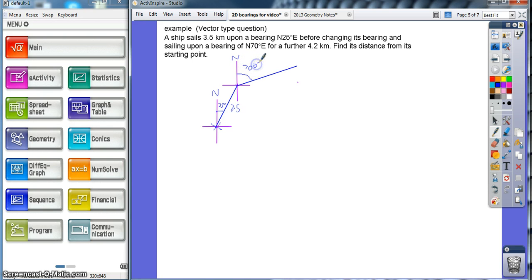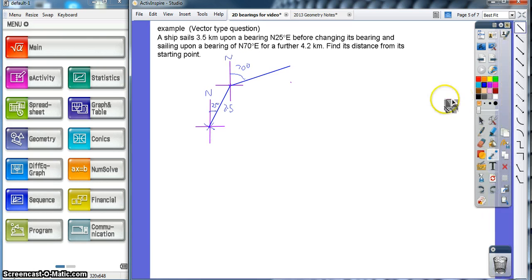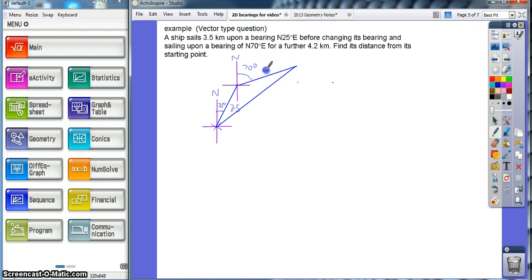And it says find the distance from its starting point, so we actually want to find out what this distance is there. That's where we also know he's travelled 4.2 kilometres. That's 4.2 there, and that's 3.5 there.